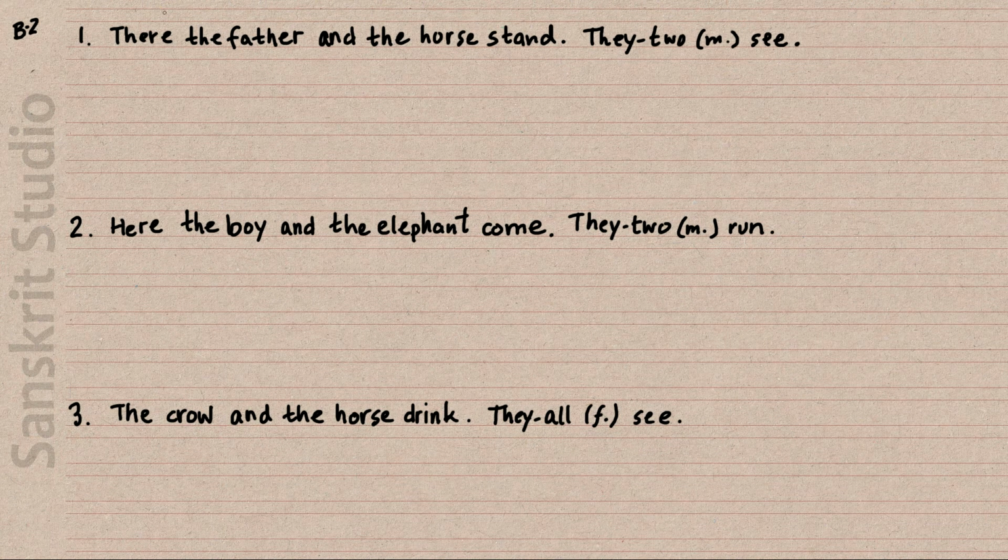The father and the horse stand, they two, MC. So as always here, when we're starting from English, we do our ESWO line first, English with Sanskrit word order, and so we are adapting it to Sanskrit.